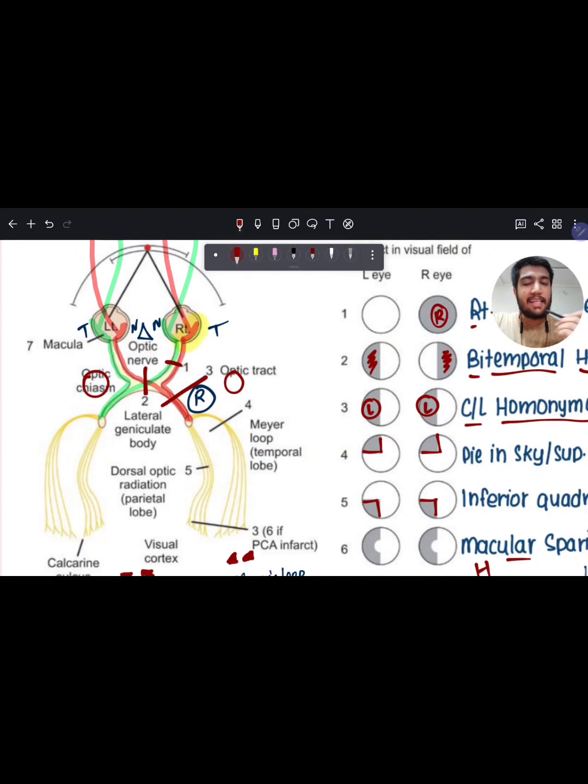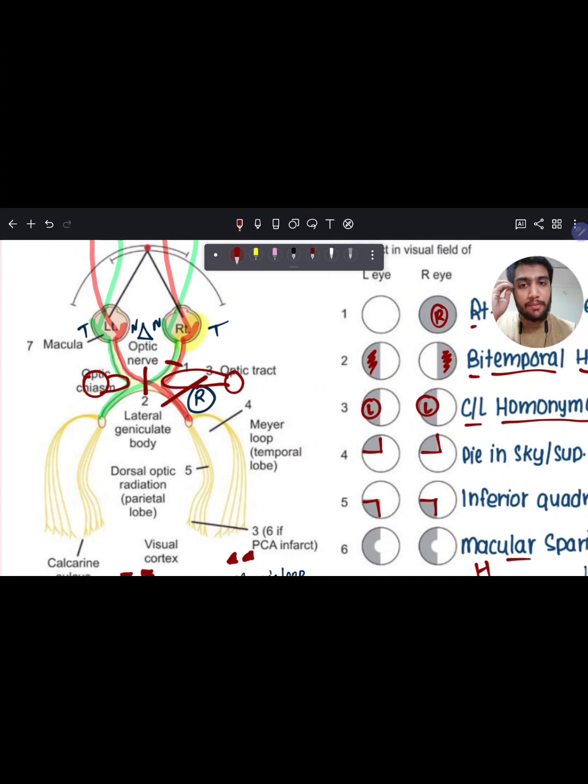So by chance, very rarely, if there is a bilateral carotid artery tumor, right, so it is gonna press on the bilateral temporal sides, temporal fibers press होने वाले हैं, and the temporal fibers are gonna take information and take projection of light from the nasal side of both the visual fields.